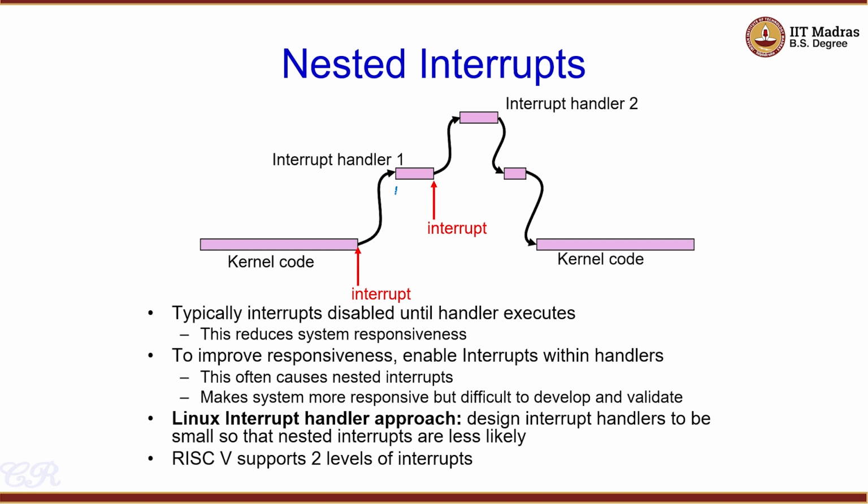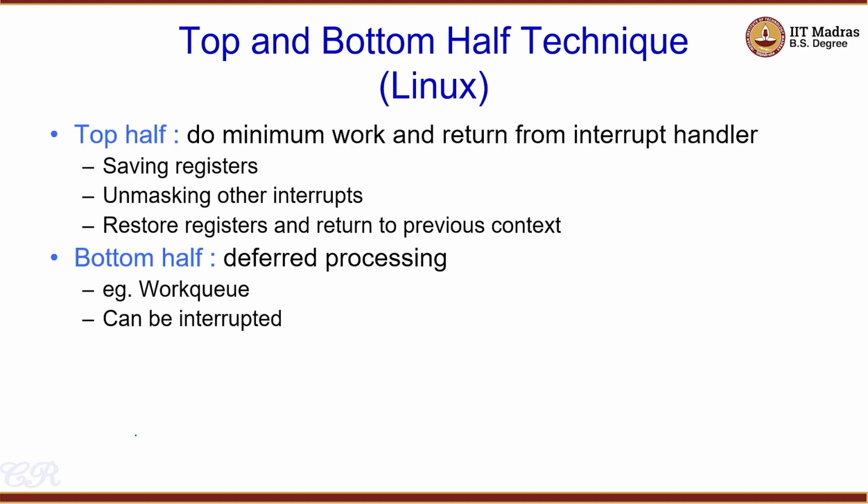In other words, we try to reduce the size of the interrupt handler as much as possible, so that such nested interrupts are less likely. Linux interrupt handlers, for instance, are designed in such a way that the main interrupt handler is as small as possible, right.